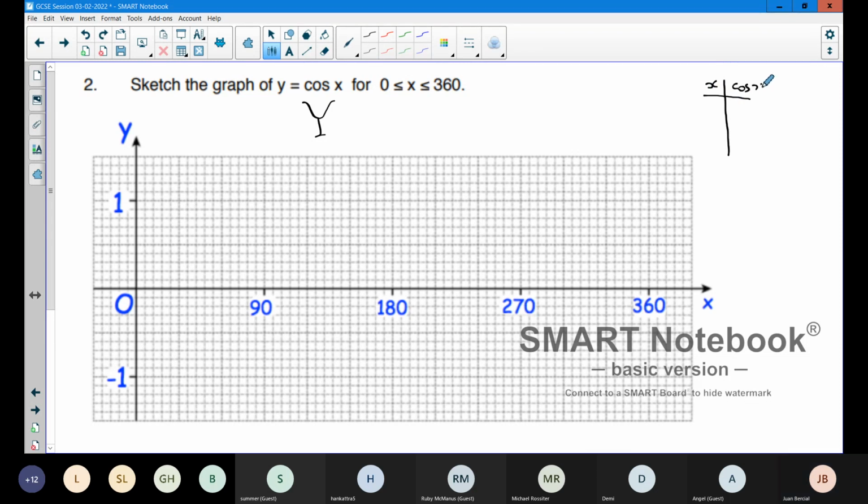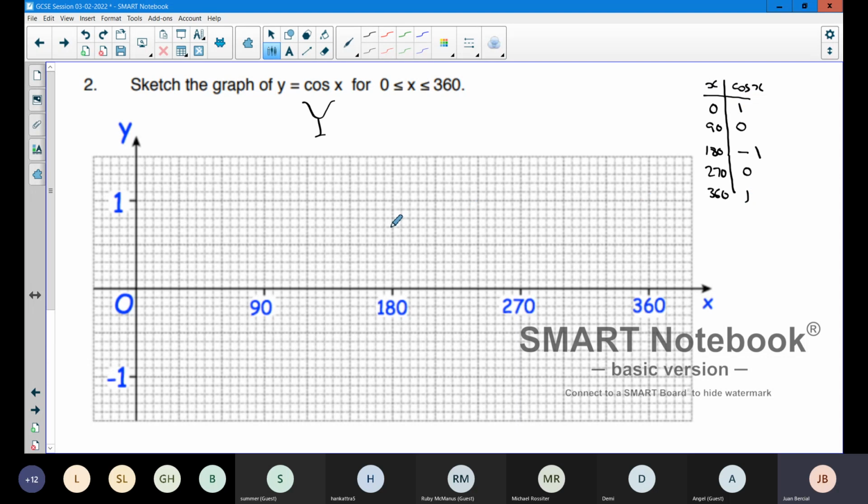You put in 0, 90, 180, 270, and 360. Really quickly in the calculator, the cos of 0 is 1, cos of 90 is 0, the cos of 180 is -1, the cos of 270 is 0, and the cos of 360 is equal to 1 again.